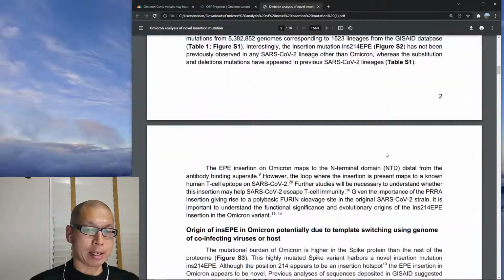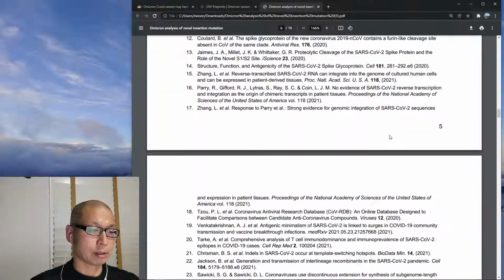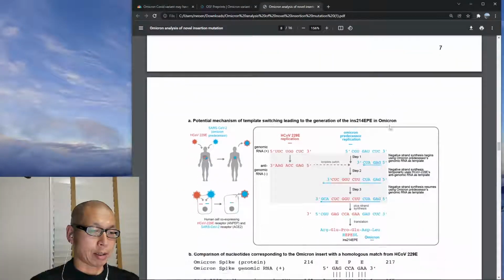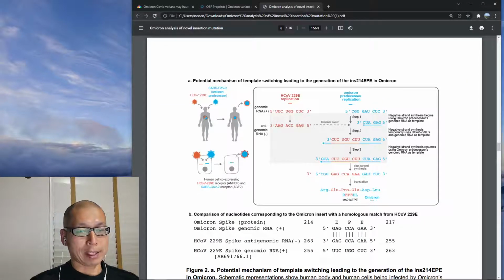If you go to their figures, this is the Omicron, these are SARS-CoV-2 sequences, and this is HCoV-229E, one of the coronaviruses that causes the common cold. What they did is look for this sequence at the 214 position where the EPE is inserted. This is the sequence that generates the EPE: GAG, CCA, and GAA.